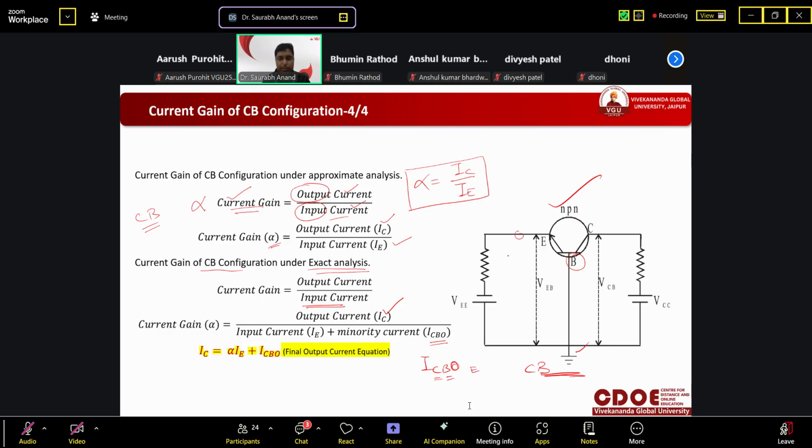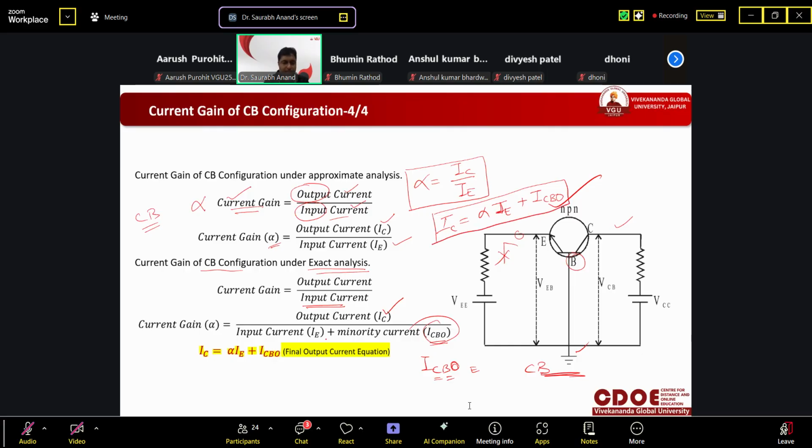So we will disconnect it, and then the current which flows is ICB. So IC can be written as alpha IE, but there is some minority current also, so it will be added: ICBO.